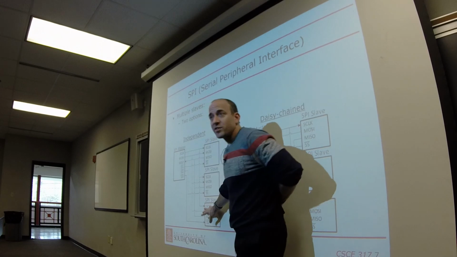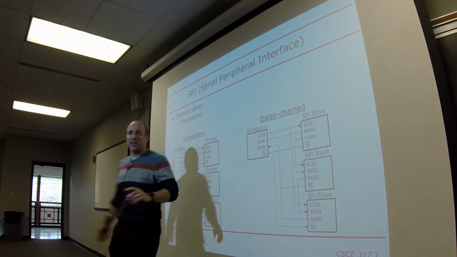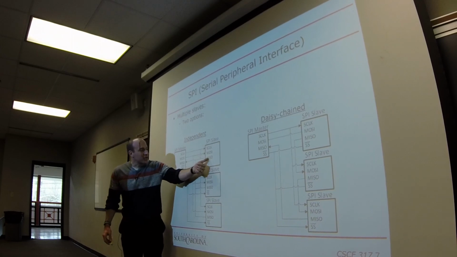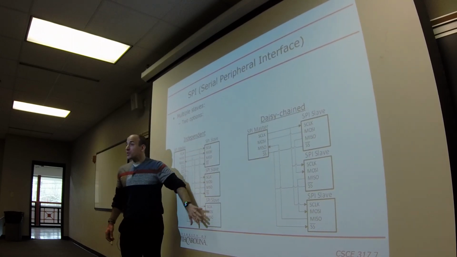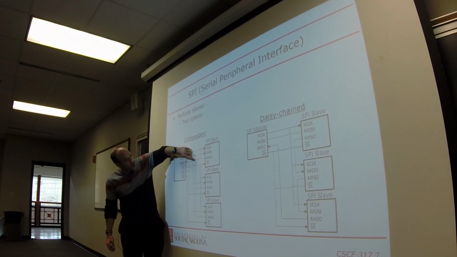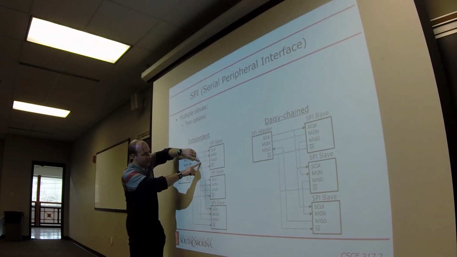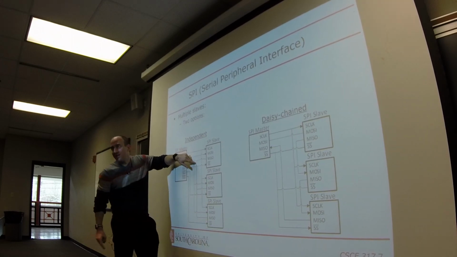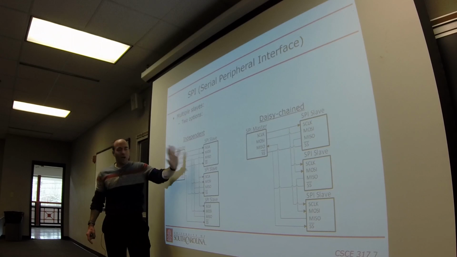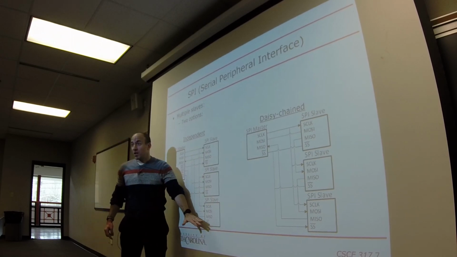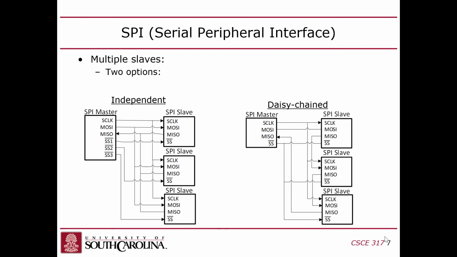Well, in this case, this is kind of strange because there's a separate master in slave out for each slave. And these are actually shown as kind of just shorting into one another. You see that? So this would be kind of dangerous because you'd have to make sure that only one of these guys was actually driving the master in slave out.